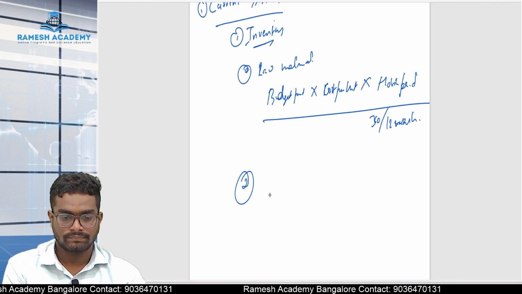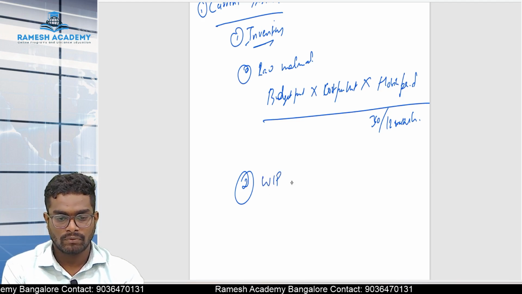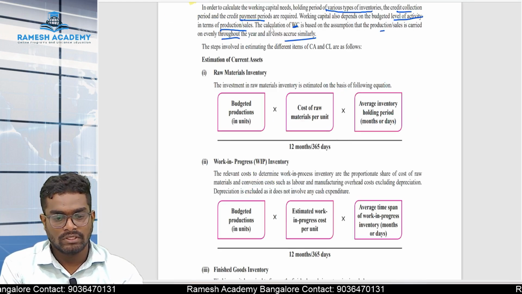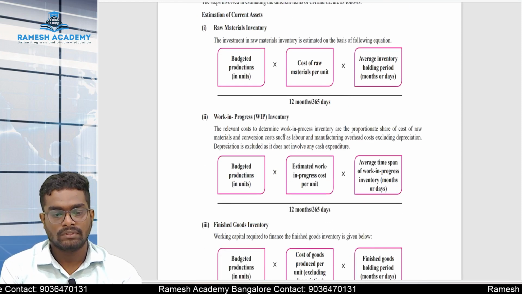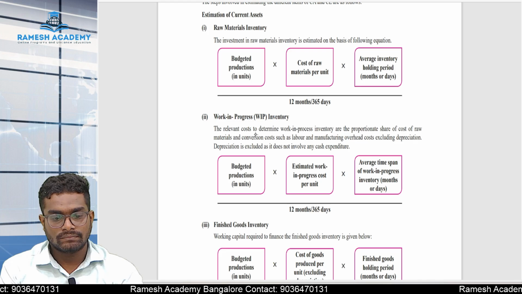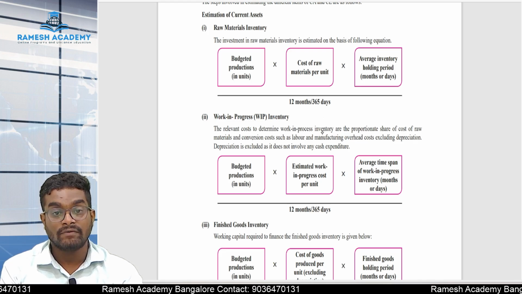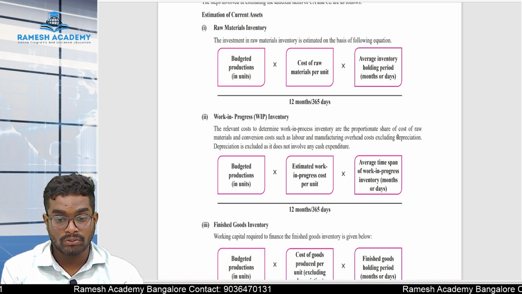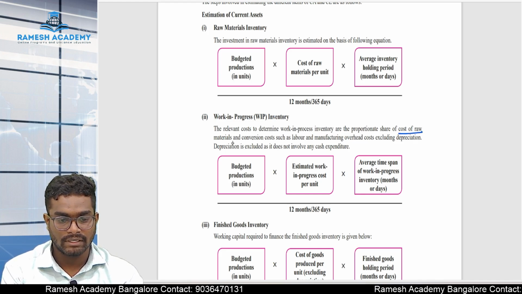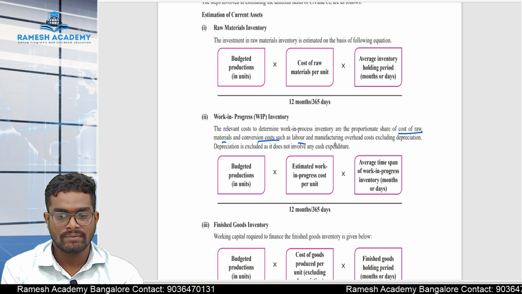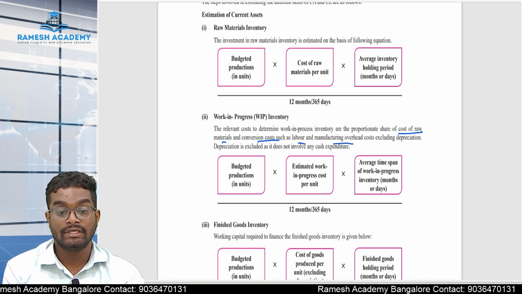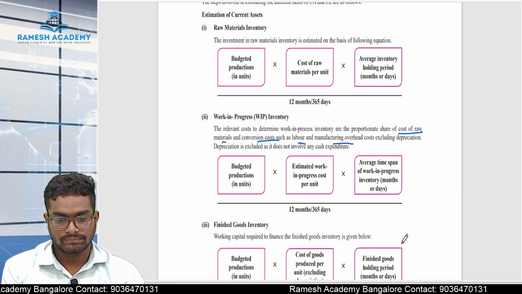Next, work in progress. So what is the formula for work in progress? The relevant costs to determine the working capital inventory are the proportionate share of the cost of raw material and conversion cost such as labor and manufacturing overhead. So here we have to take the cost of production.